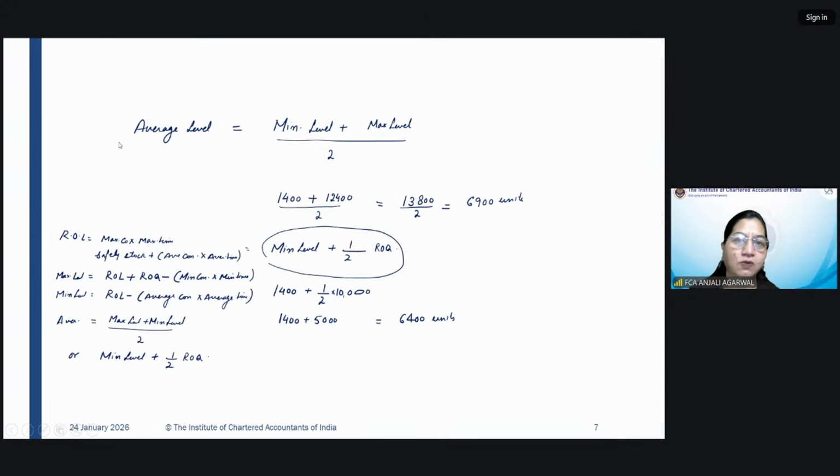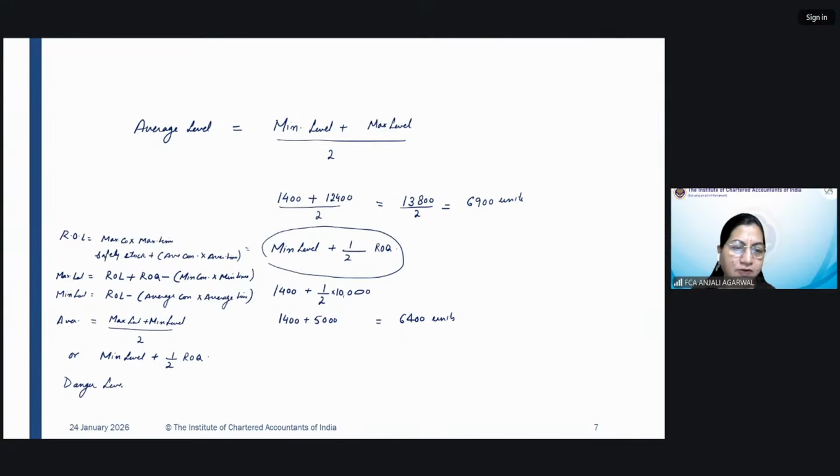Sometimes you can also place an order in very emergency situations. Like for example, generally when you order your goods, they are coming by rail or by land. However, if there is an emergency, you may also place an order using air mode, air flight, or you can get them from that mode. So that is called danger level.